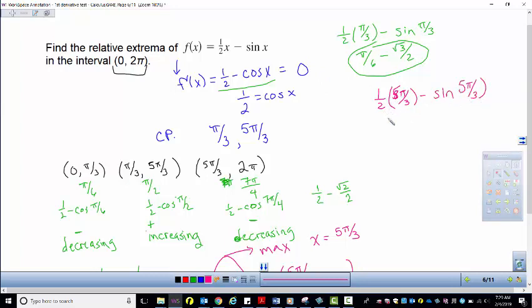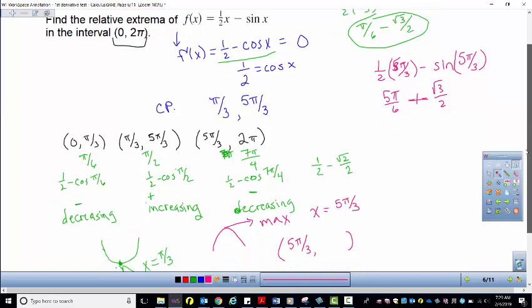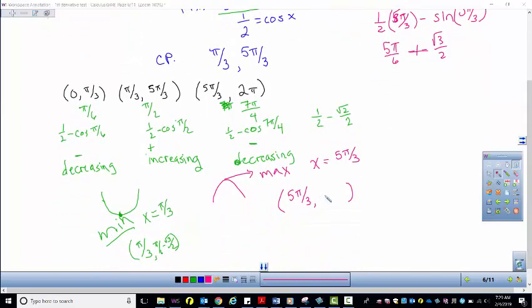And so that gives me 5 pi over 6 minus the sine at 5 pi over 3, which would be a negative square root of 3 over 2. So this becomes plus. So that's my y value. Again, if we're graphing, get the decimal, but today we're just finding these points.